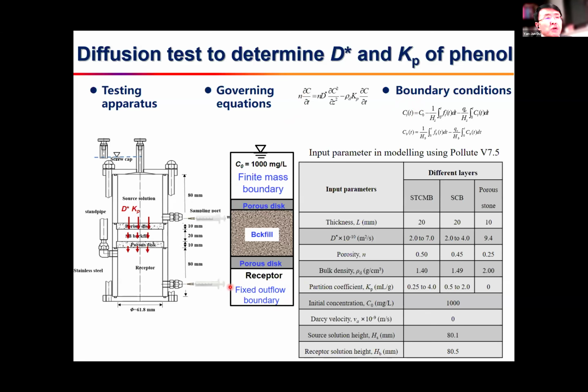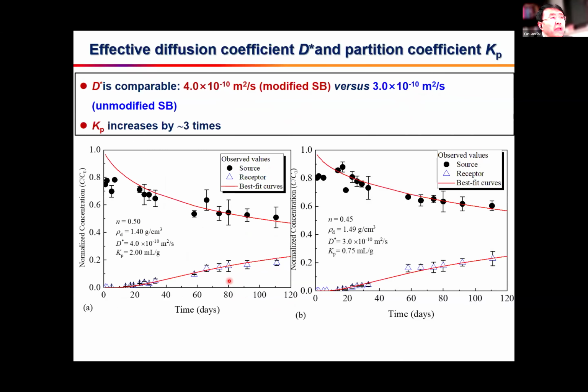In the Pollute program, we back calculate the D dash and Kp. Interestingly, we find the D dash for the modified is almost the same as the unmodified backfill.